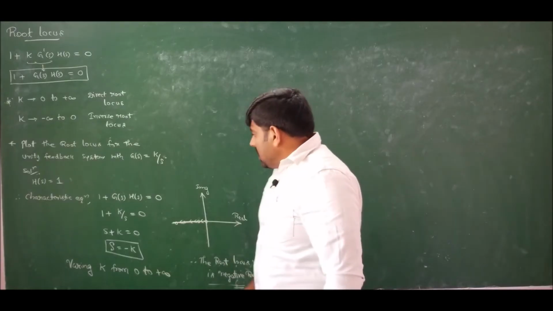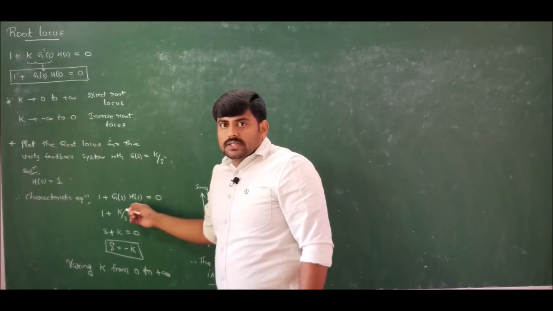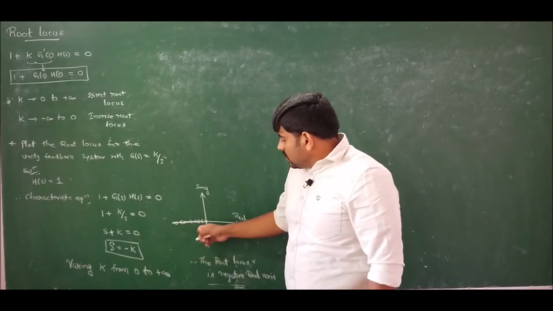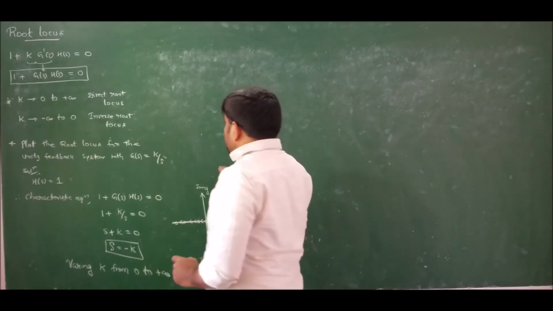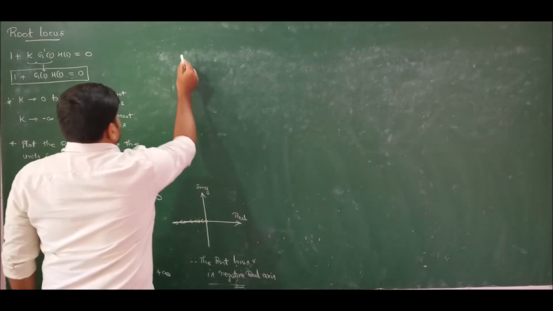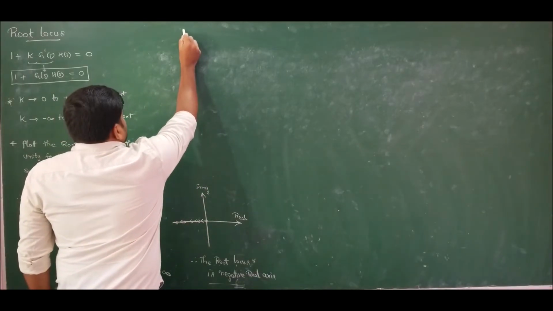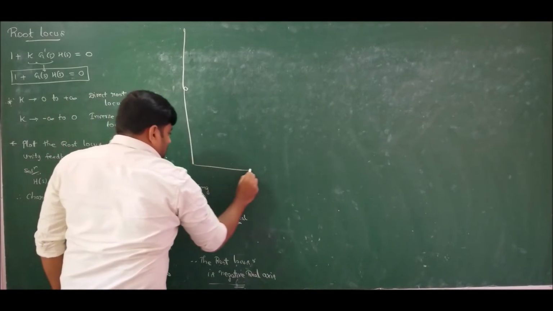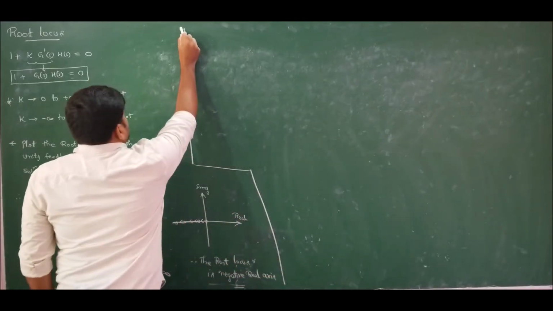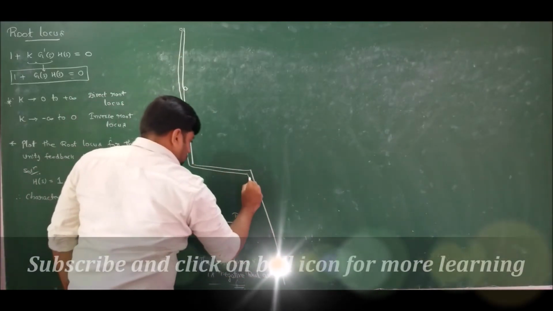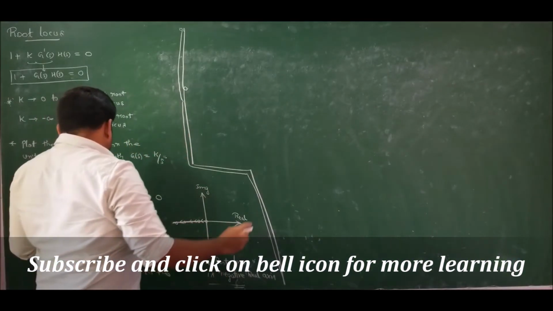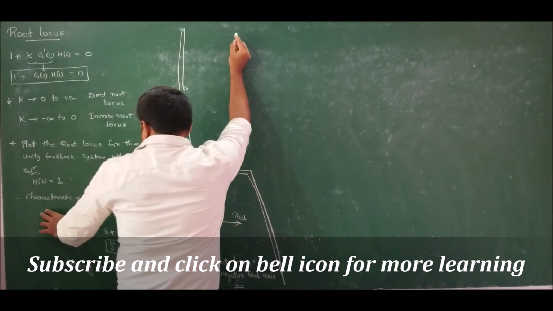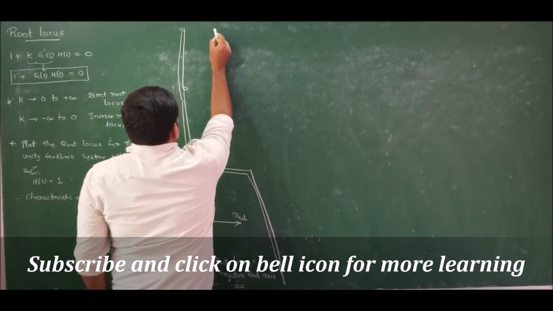Now with the help of the characteristic equation and the concept of root locus, we can obtain two conditions. One is called the magnitude condition, another one is called the angle condition. What is this magnitude condition and angle condition? Let me explain.